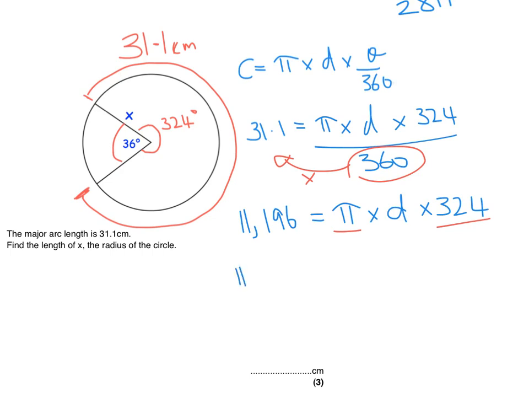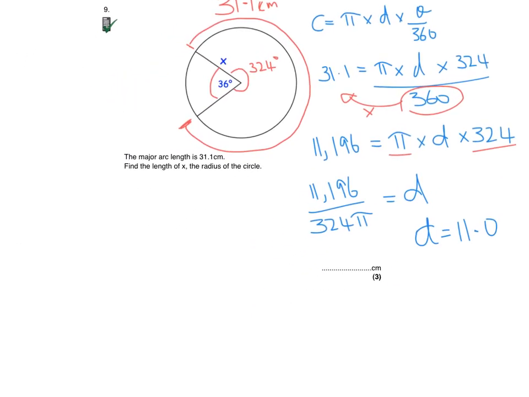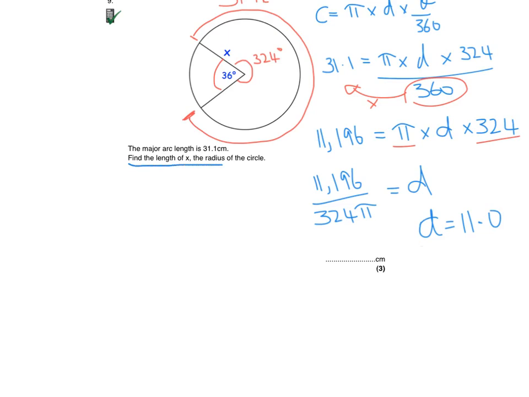So 11,196 divided by 324 pi equals my diameter. Divided by 324 pi, that is 11.0.